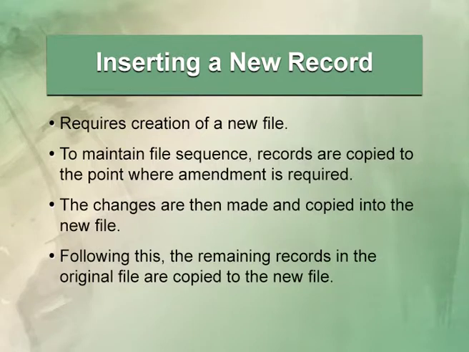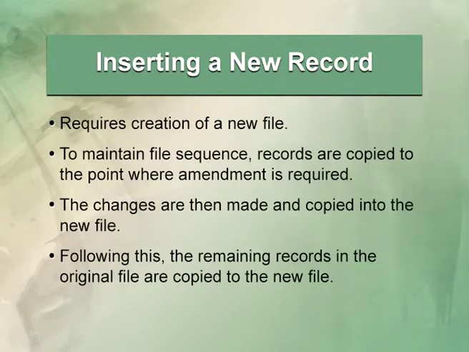Suppose I want to insert some R7: all the records till 6 are copied, then 7 is inserted, and later it continues from the next record. So, the changes are made in a fashion where an extra file, a new file, is required. Maintaining a temporary file involves some cost factor also.